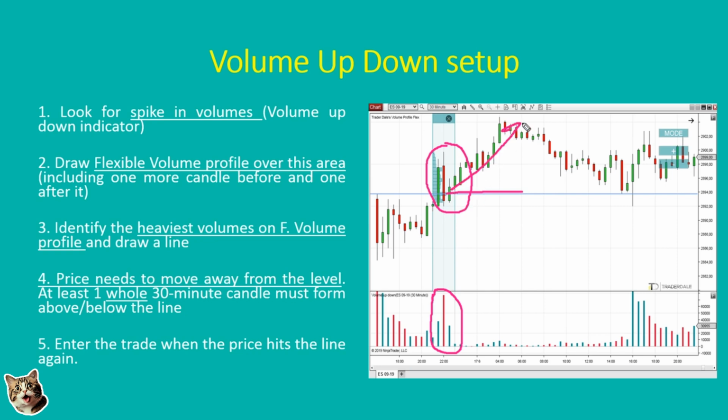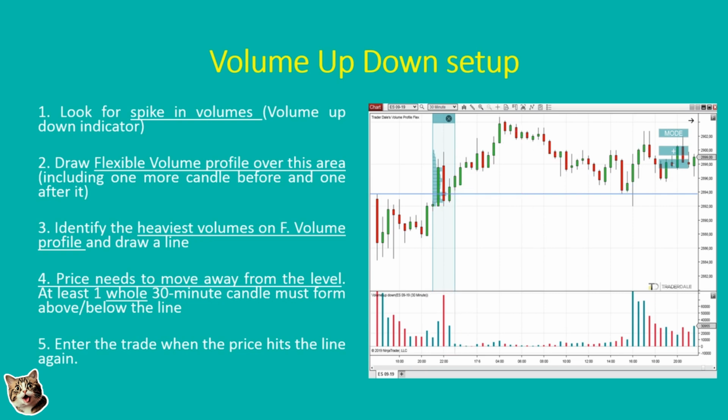They pushed it upwards. After that, you just wait for a pullback, and you expect that the buyers from this area who pushed the price upwards will be defending their positions and pushing the price upwards again. That's the logic behind this setup.